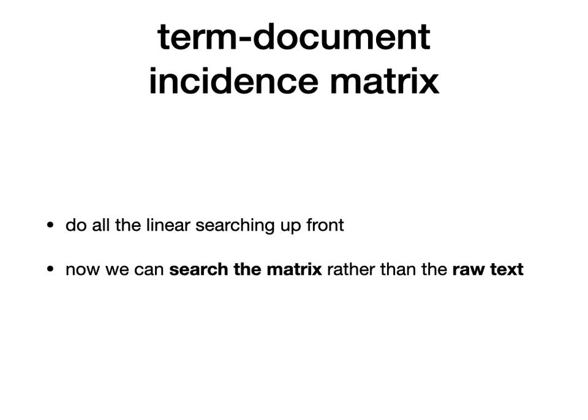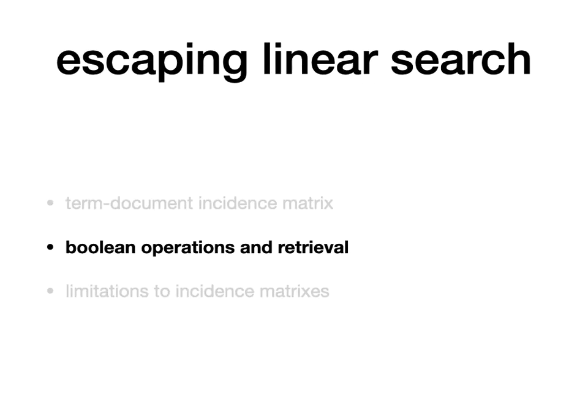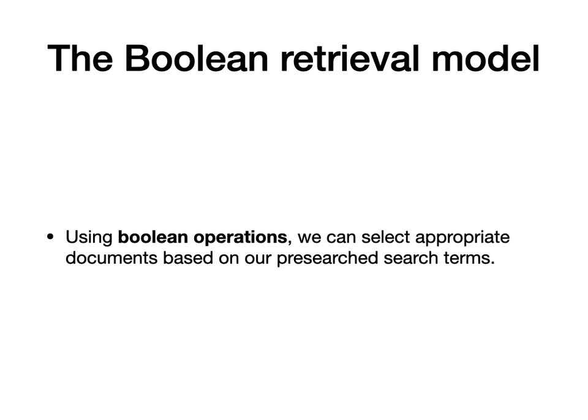We can use Boolean operations to find out where a particular word lives in this collection of documents. So, Boolean operations and retrieval. Using Boolean operations, we can now select and filter documents based on the search terms that we've built into our term document incidence matrix.